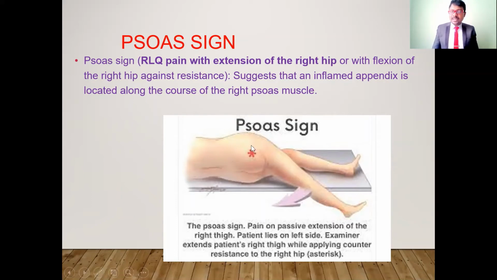If you ask the person to do hip flexion in the side-lying position, there is a chance of getting severe pain because of irritation of the psoas muscle. So this is also a positive test. We do the psoas test in two ways: bringing the leg into hip extension, as well as giving resistance to hip flexion. These tests indicate appendicitis.